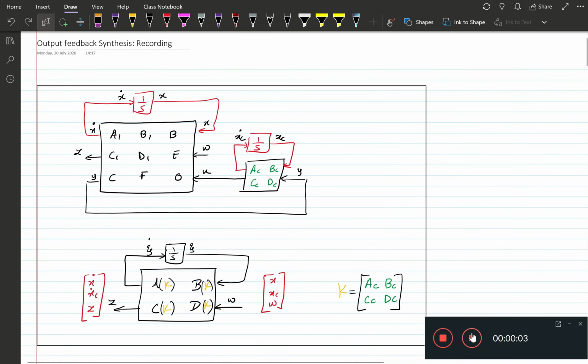So let's quickly review the output feedback synthesis LMIs, both for H infinity and H2 problems.